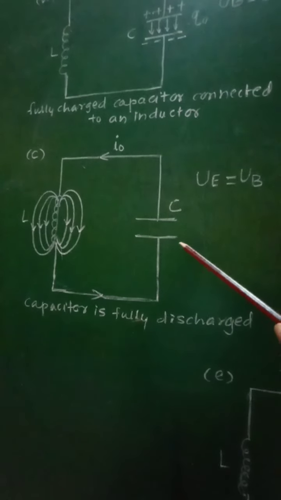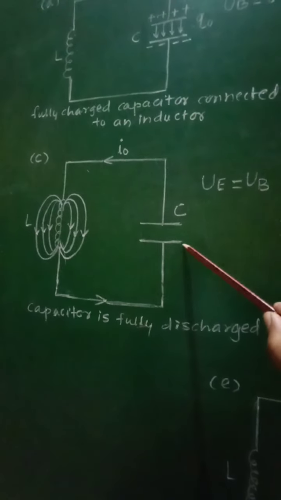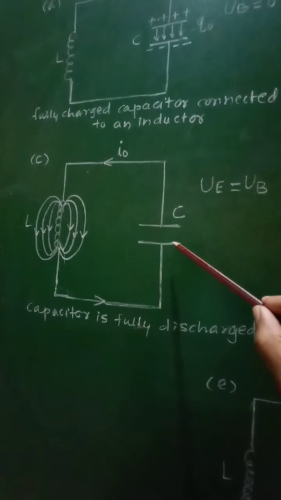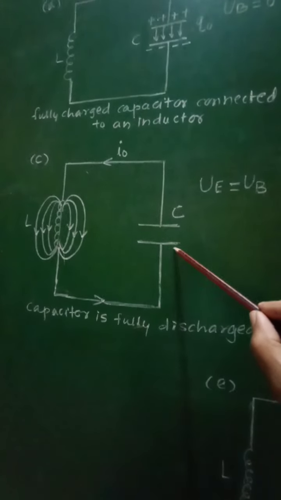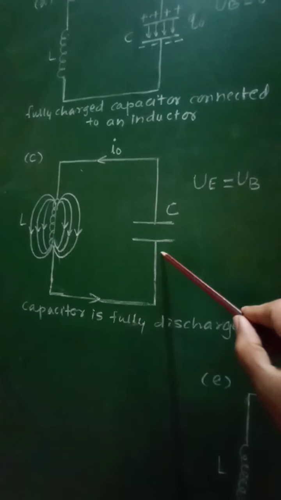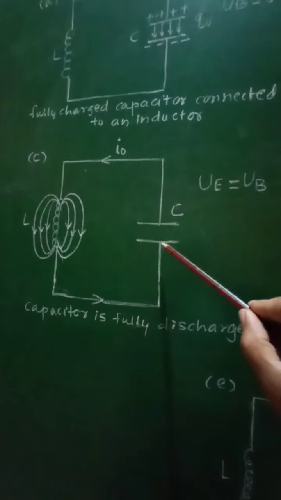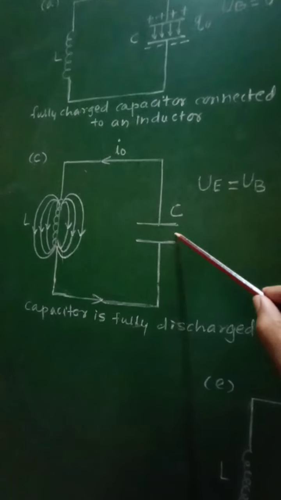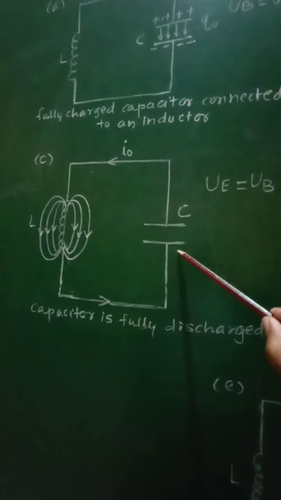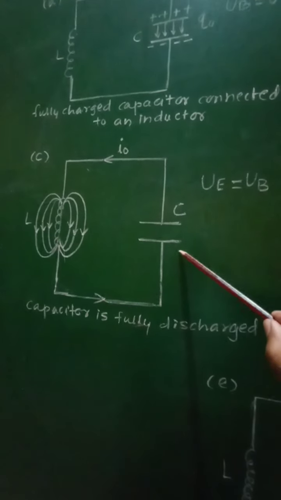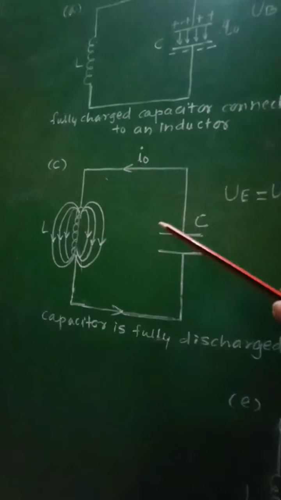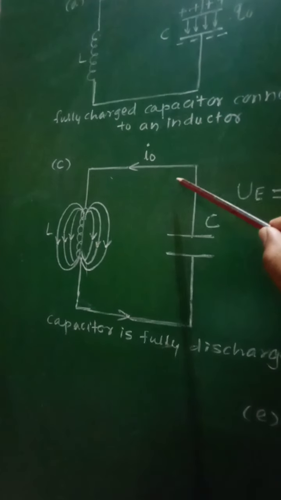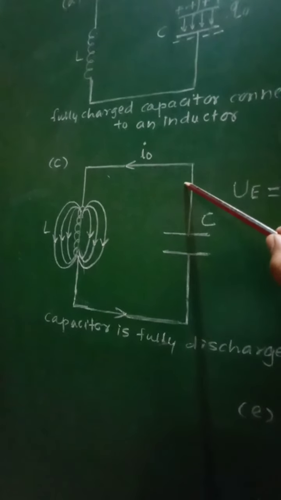Therefore there is no charge present on the plates of the capacitor, and the potential difference across its plates becomes 0. Then at that time the current in the circuit reaches its peak value, that is the maximum value I0.